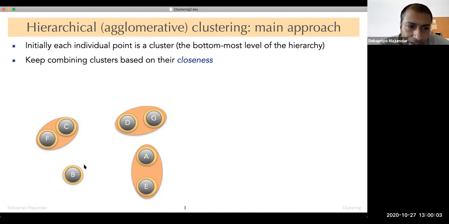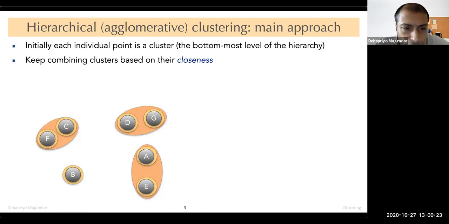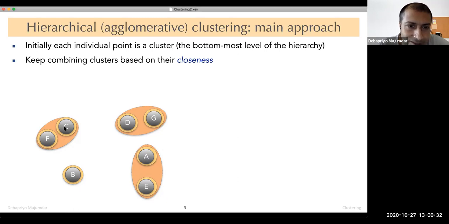So in my priority queue, I have the distance between B and CF, B and DG, B and AE, and also CF and DG, CF and AE. All of them are in the priority queue. So there are 4 clusters and I have 4 choose 2 distances stored in my priority queue. Now these numbers are small, but think about order n square: there are order n clusters, and order n square pairwise distances stored in my priority queue.